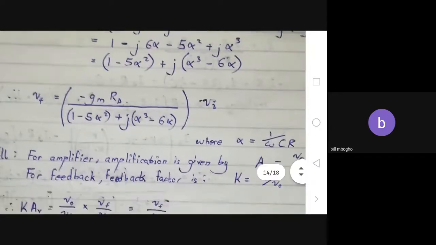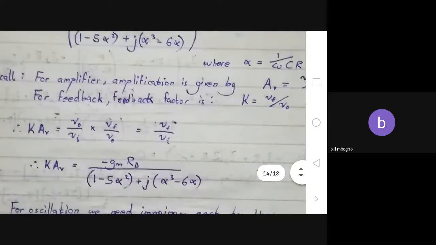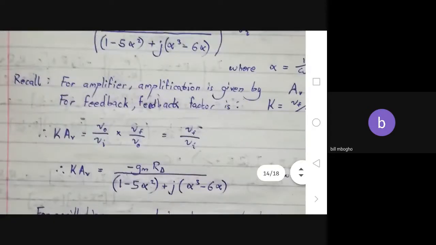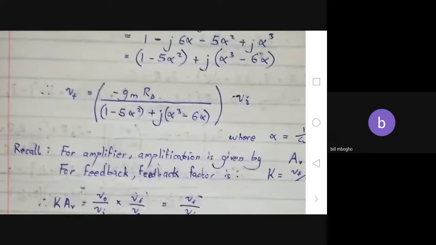Then from here, you know the equation for KAV is supposed to be K, which is VF over V naught, times AV, which is V naught over VI. So KAV becomes VF over VI. So from here, you divide this VF by VI, and you get your KAV.